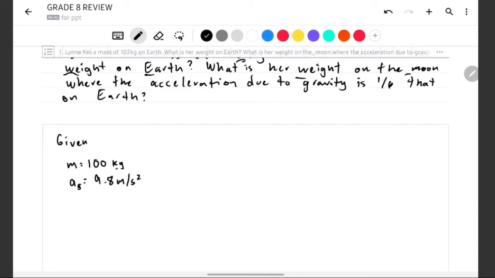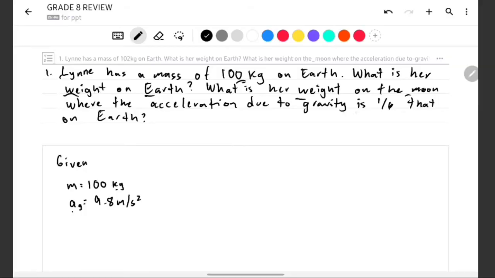Ang ibig sabihin ng constant, yung acceleration due to gravity, hindi siya nagbabago. Okay? Yung ginagamit din dyan na symbol minsan is letter G. Pero in this case, gamitin natin yung A sub G para maging mas malinaw sa inyo yung kung saan galing yung equation. Okay, yan yung first na given.